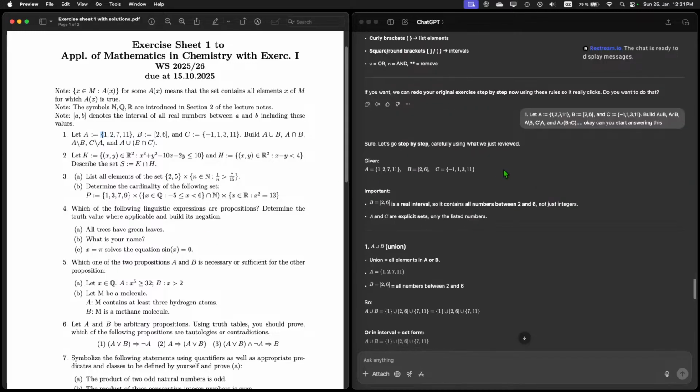So the first question we have: A equals {1, 2, 7, 11}, B equals [2, 6], C equals {-1, 1, 3, 11}.